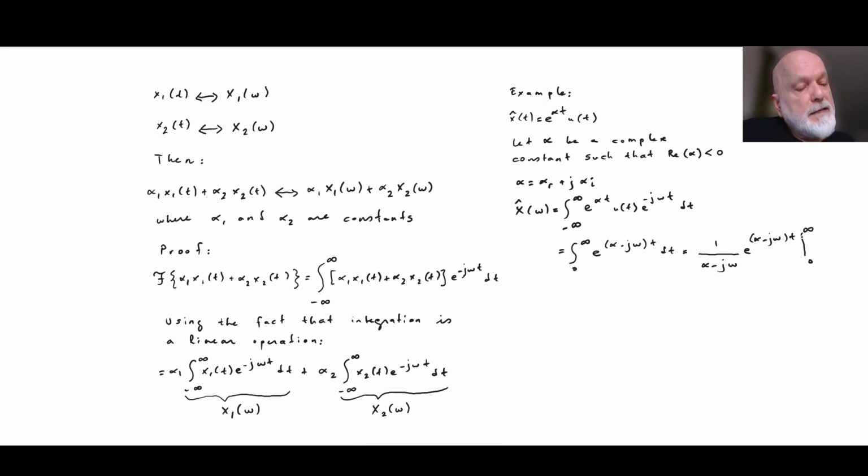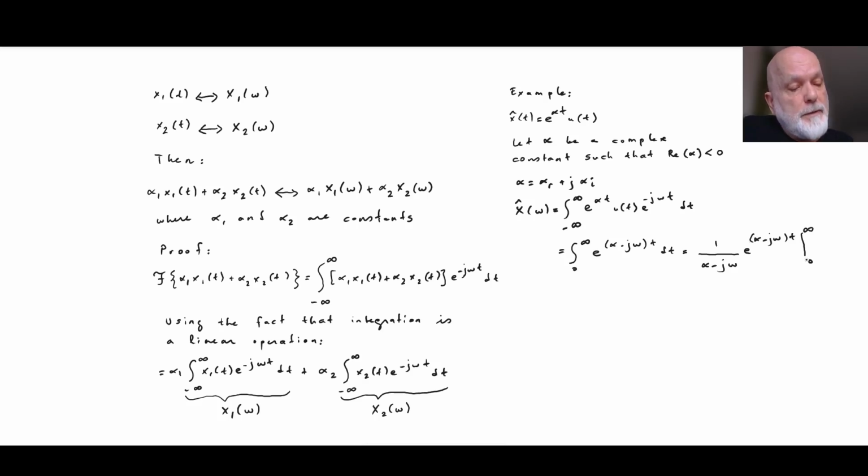Now, as t tends to infinity, this term will decay to 0. Why? Because real part of alpha is negative. Therefore, we have a decaying exponential, and the result will be 0 in that case.